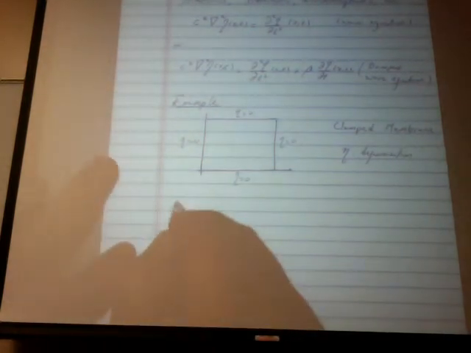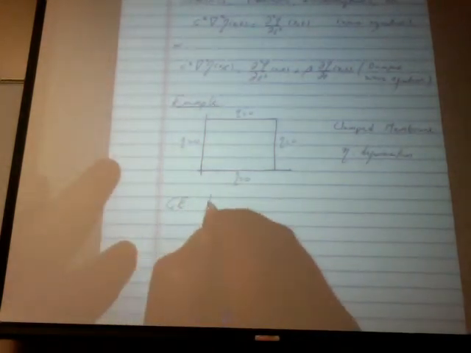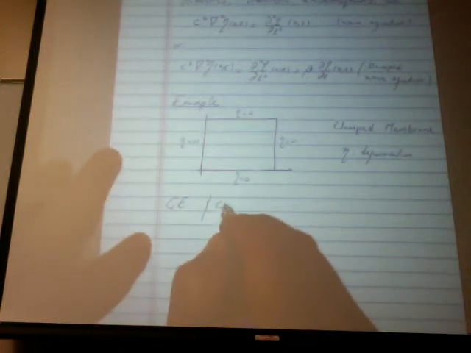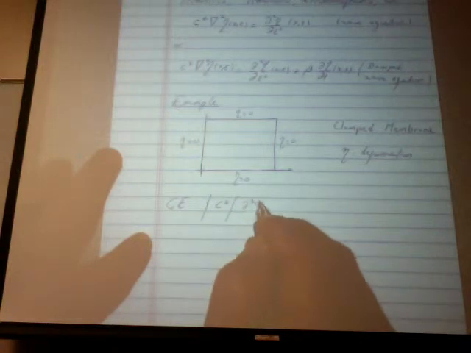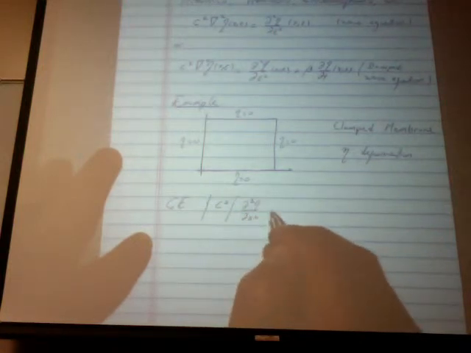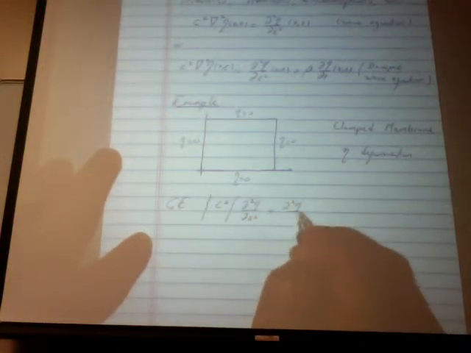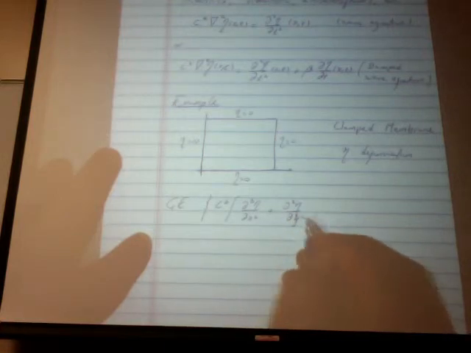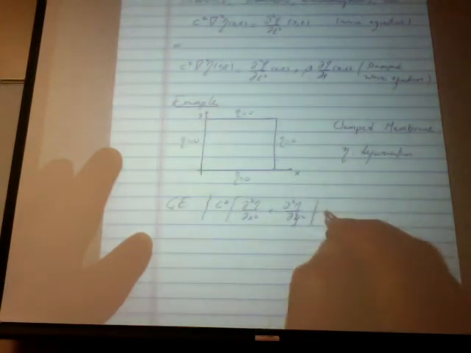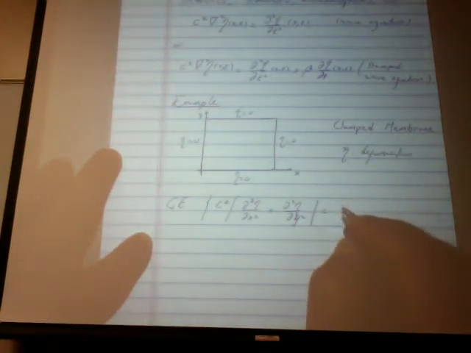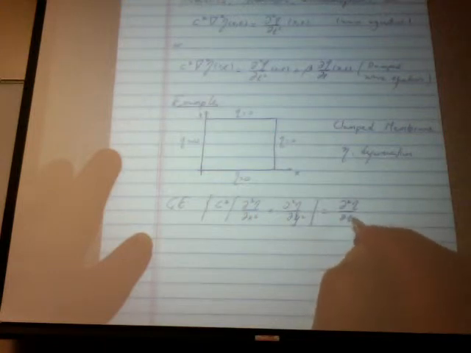So the governing equation for these, as expected, is c squared times the second derivative of eta with respect to x squared plus the second derivative of eta with respect to y squared, where this is x and this is y, equals the second derivative of eta with respect to t squared, and this is a function of x, y, and t.